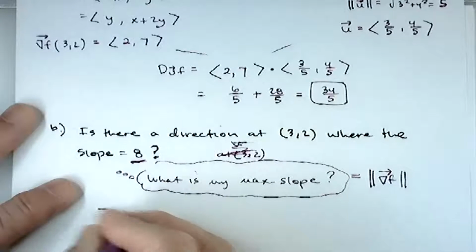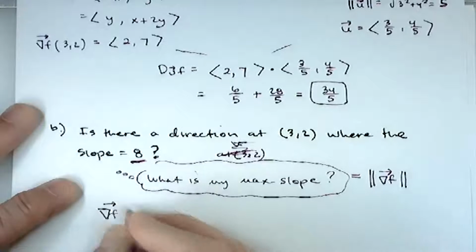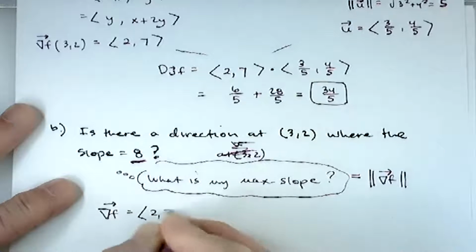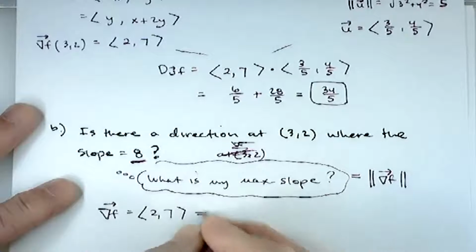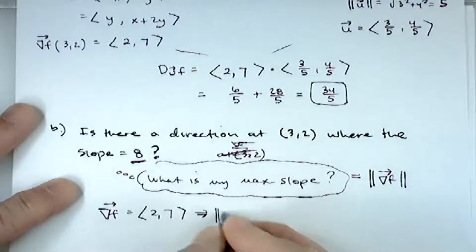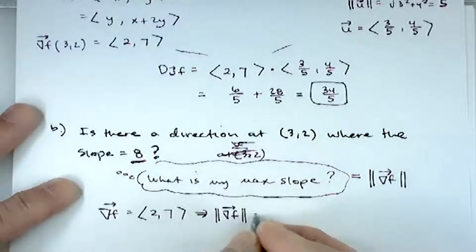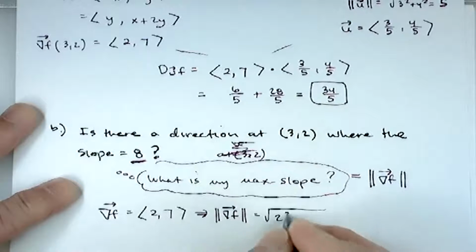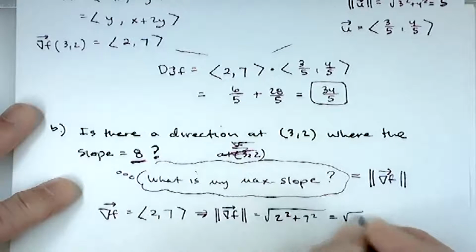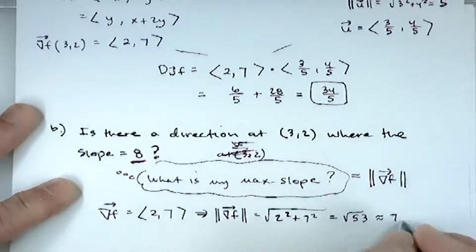My gradient vector was 2, 7. The magnitude of that is 2 squared plus 7 squared, 4 plus 49 is root 53, which if I had to estimate even without a calculator, that's 7 point something, huh?